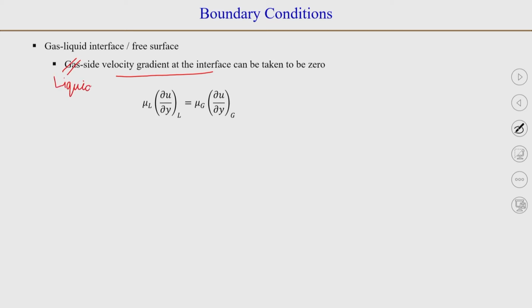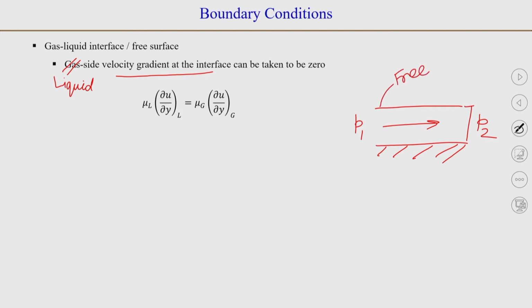This should have been on the liquid side. When we are looking at a gas liquid interface, for example, a flow in a channel which has a free surface, and the flow is driven by pressure here.